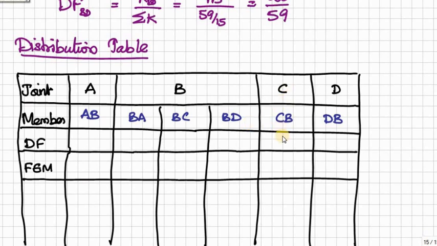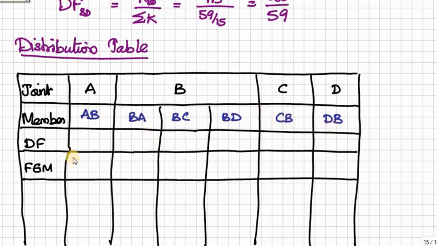Similarly, at joint C we have only CB, and at joint D we have only DB. For the BA member, the far end is AB. For BC, the opposite end is CB. For BD, it is DB. We have to keep that in mind, because while carrying over we have to put the moment at the appropriate end.